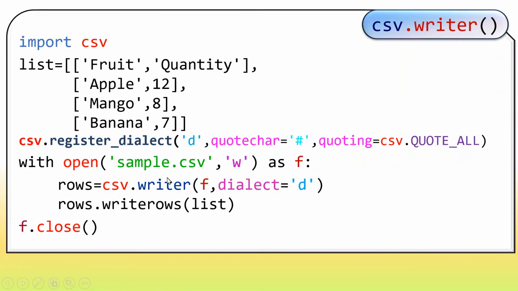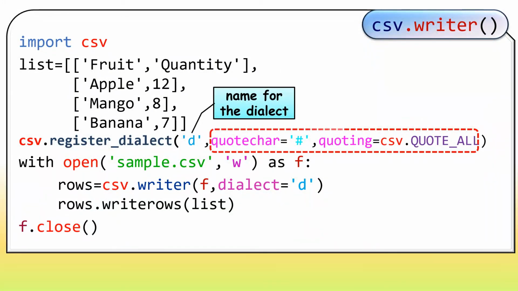Since there are too many parameters now, I am registering a new dialect by writing csv.register_dialect within parentheses, "D", where D is the name for the dialect, and the two parameters quotechar and quoting, I am mentioning here in the register_dialect. quotechar equal to hash, comma, quoting equal to csv.QUOTE_ALL, which means I want to surround the fields with hash instead of double quotes, and I want each field to be enclosed with this quotechar.